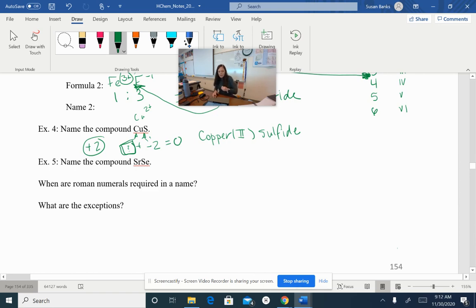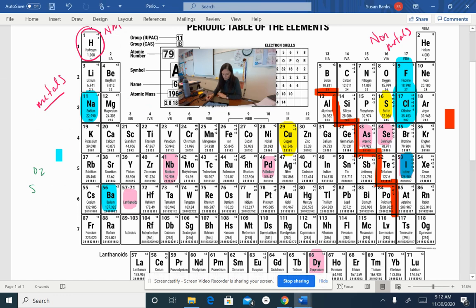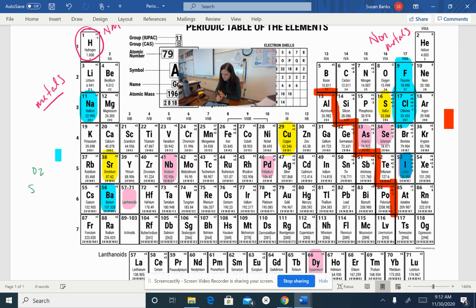Now strontium, let's look at where strontium is. We know that it is always going to be a +2 charge because it's an alkaline earth metal. Because we know it's always a +2 charge, do we need to put in Roman numerals? No, we do not. We only put Roman numerals in for the transition metals.